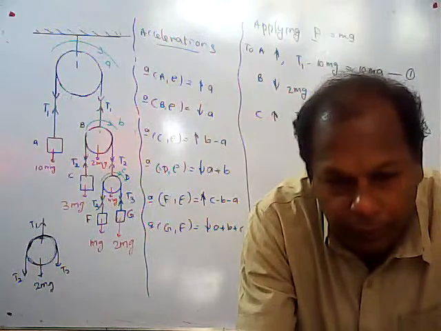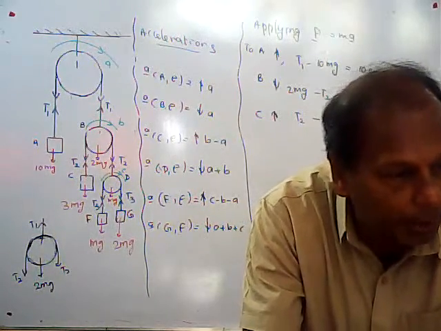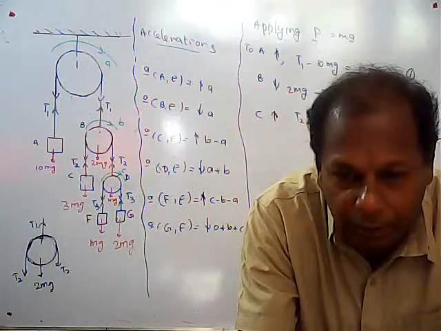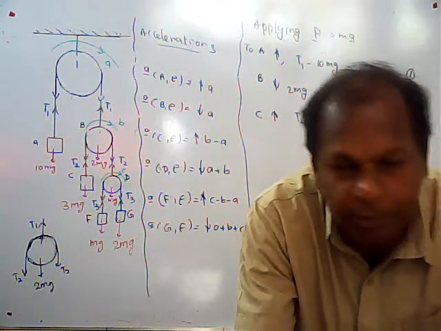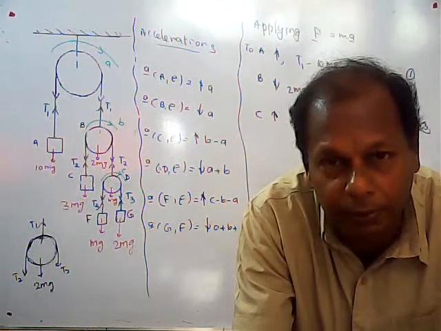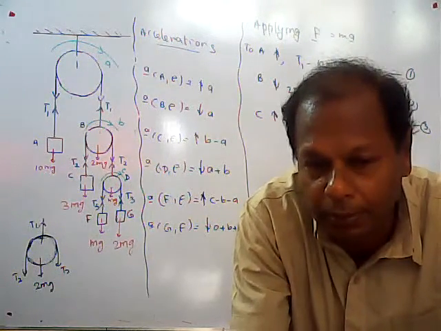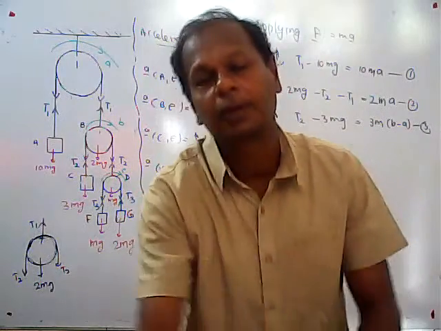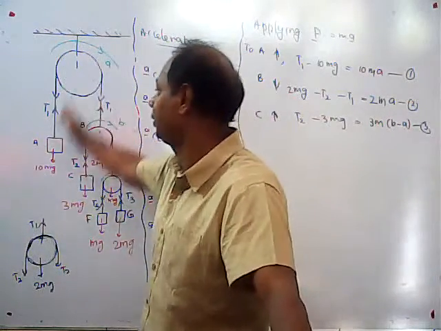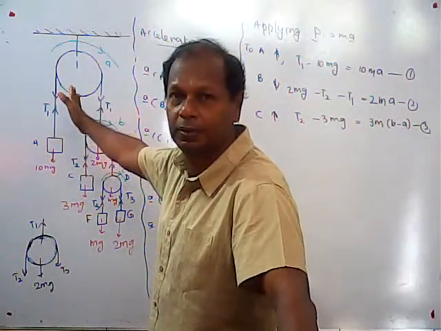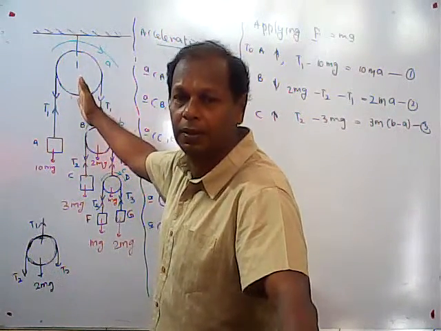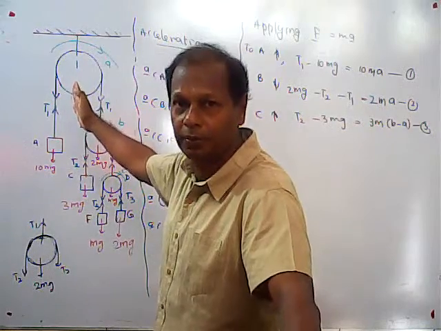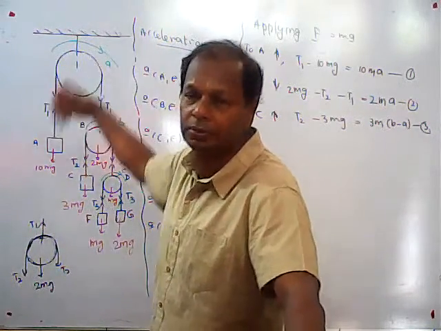No. We don't know whether the acceleration of A is upwards or downwards. When you start, mark it in whichever direction you like. Still we don't know until you find it at the end. If it's in the direction that I mark, then you will get a positive value. If it's in the opposite direction, I'll get a negative value.